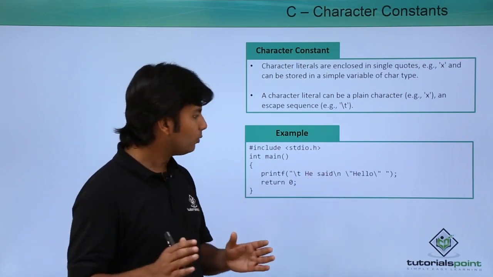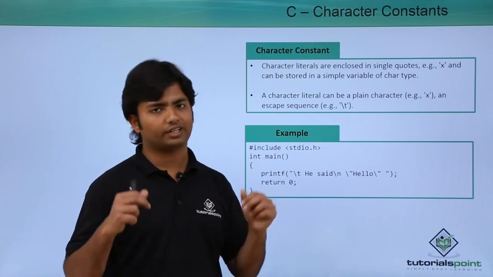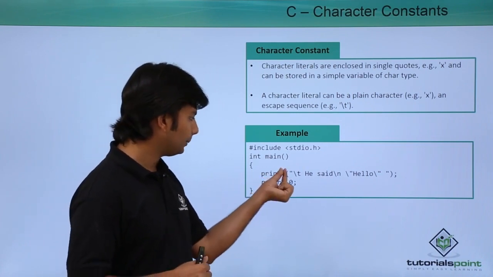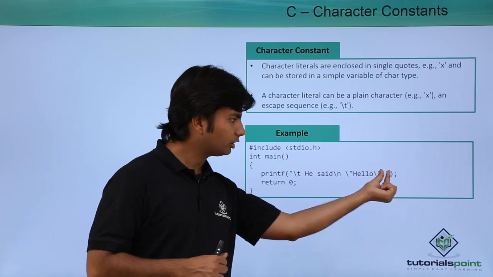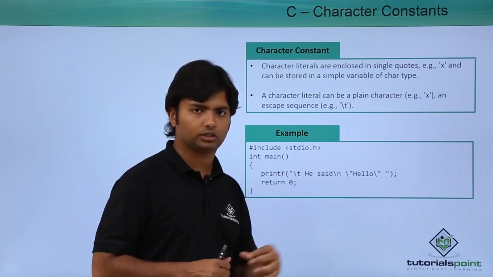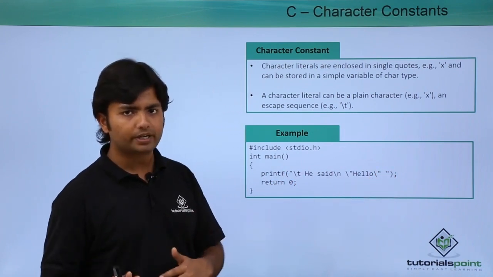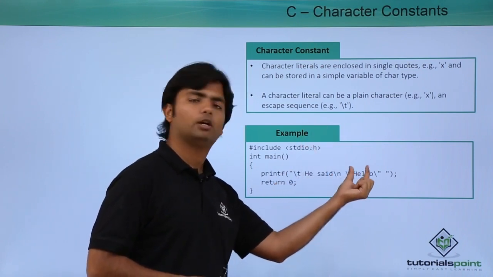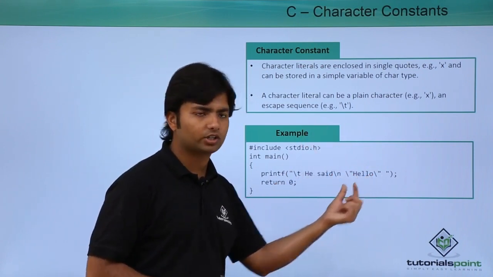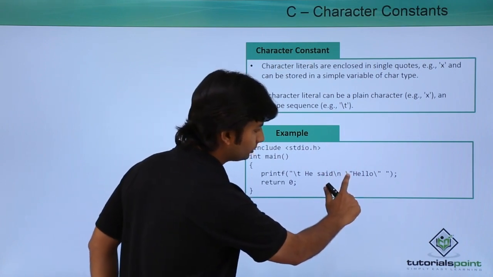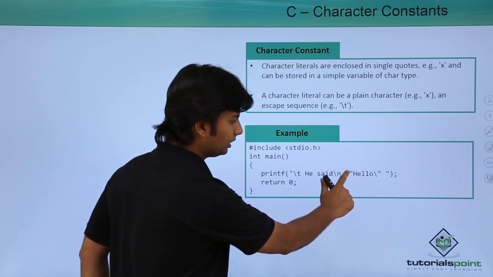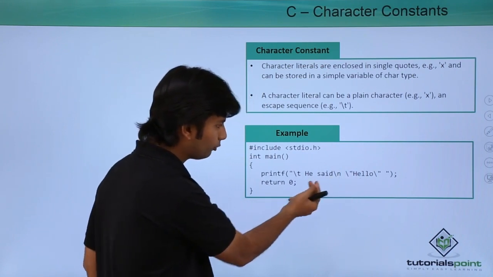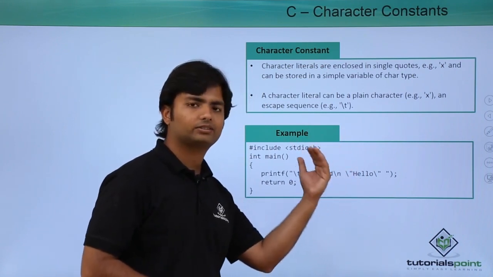And if I want to print double quotes inside printf, here I am starting with double quotes and here finishing with double quotes. But if I want to print that, I will have to prefix a slash symbol before the double quotation. So here, as you can observe, we have the double quote symbol, and before that we have the backslash.